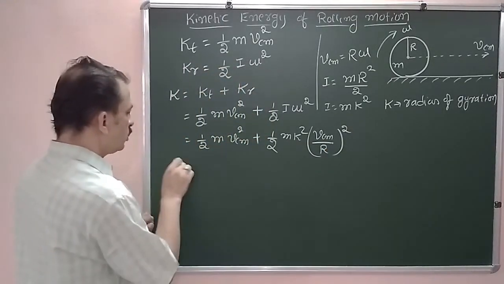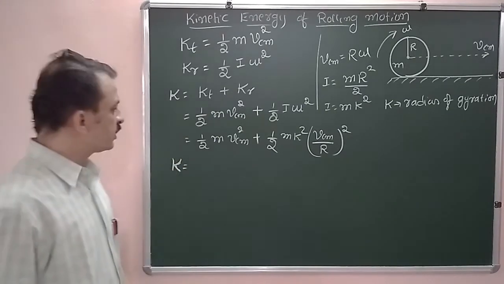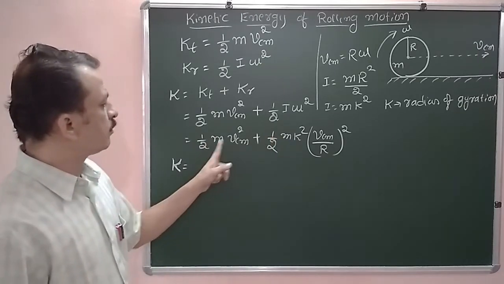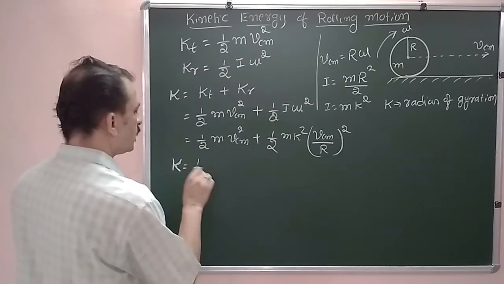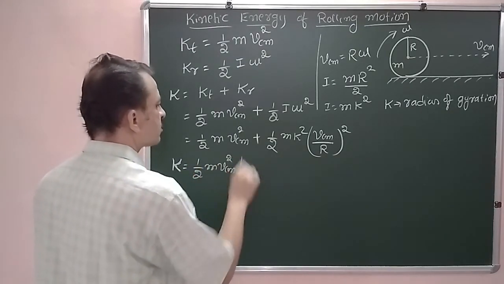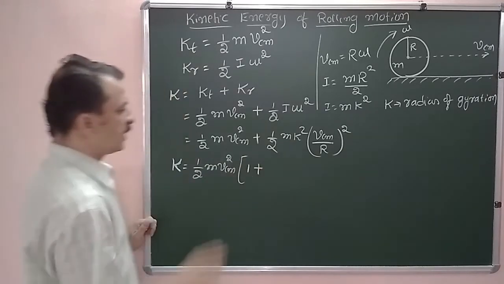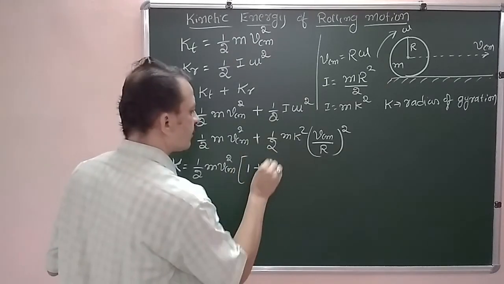Therefore, the total kinetic energy in rolling motion is given by, taking out what is common, half m VCM square, times 1 plus k square by r square.